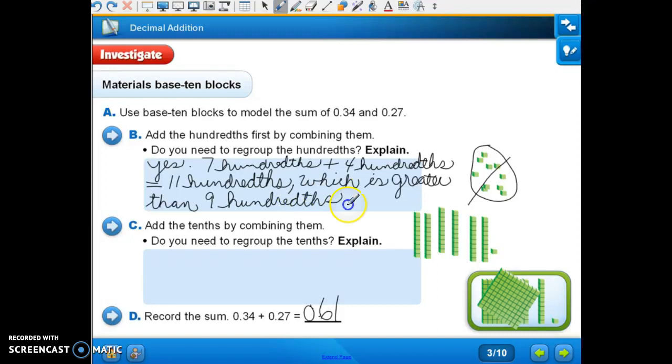And anytime we get something greater than 9 hundredths, so 10, 11, 12 on up, we would need to regroup, right? Okay?